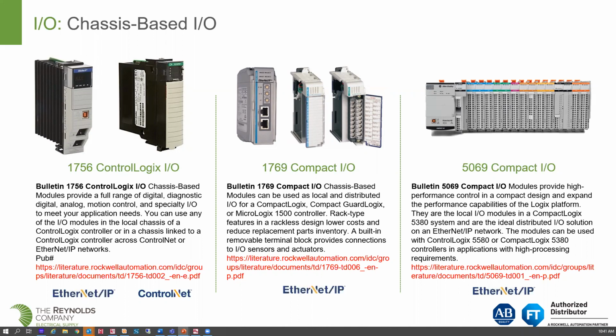I'll break this down and cover some of the changes and maybe some of the life cycle on some of this. With ControlLogix, we have ControlLogix-based IO. The most important thing about this is it's all remove and insert under power. It does require a chassis, a power supply, and a comms adapter.